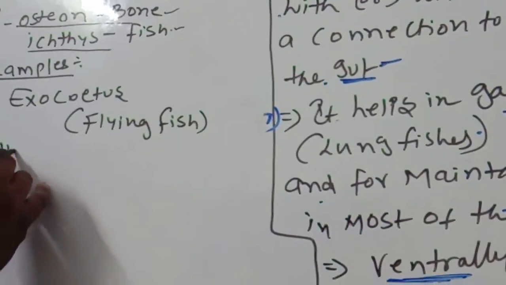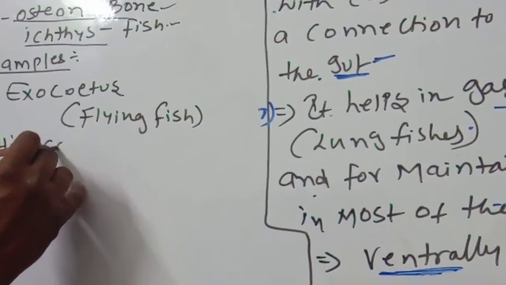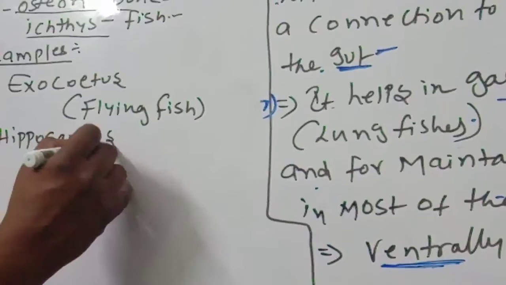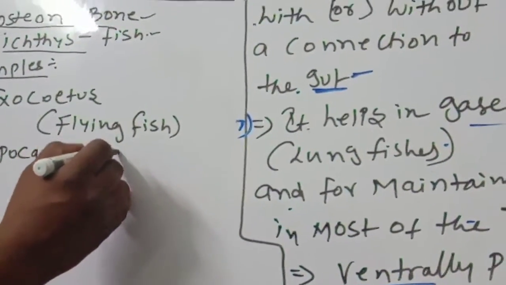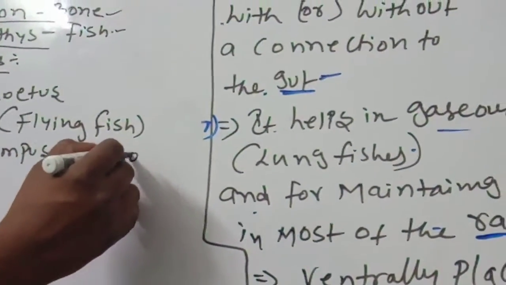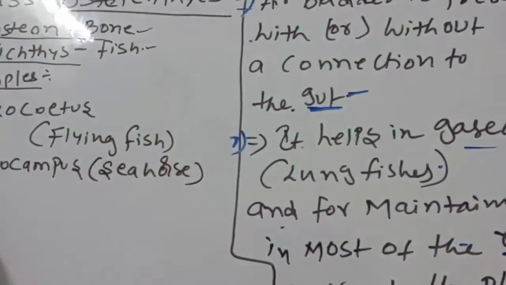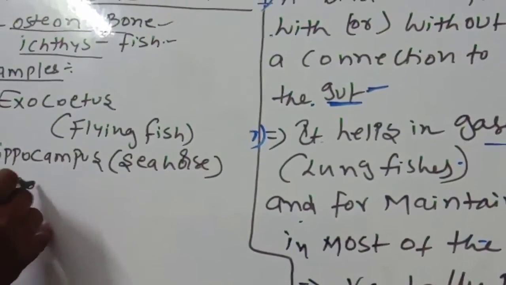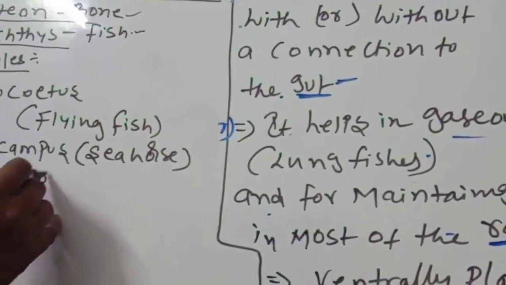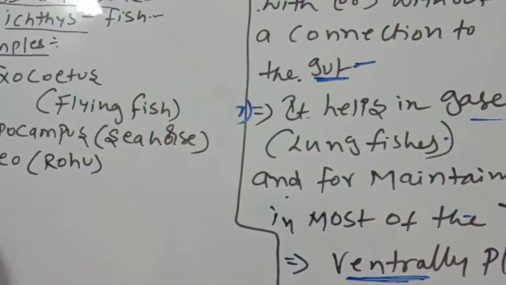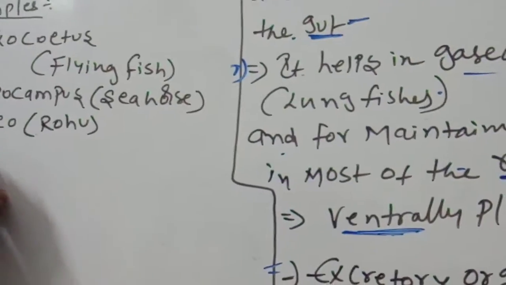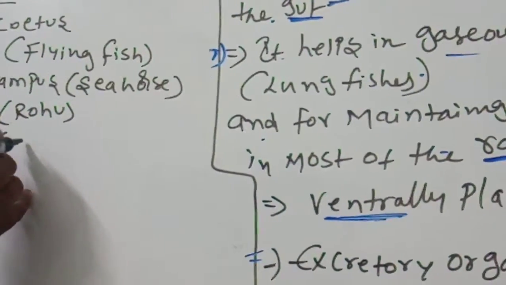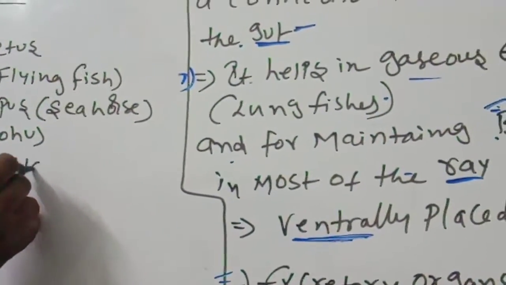Next one, Hippocampus, called seahorse. Next, the most important one, Labeo, called rohu. Another important one, Catla. Catla fish is the best example.